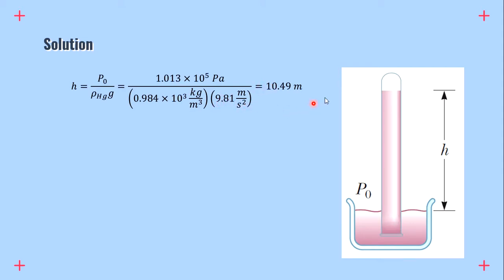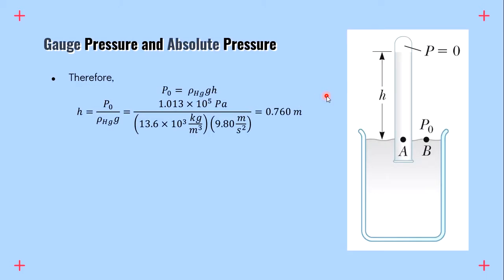Now we get 10.49 meters. That means that we need 10.49 meters of wine to duplicate this Torricelli barometer.